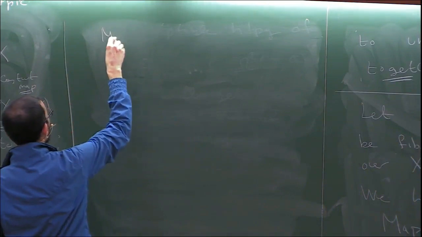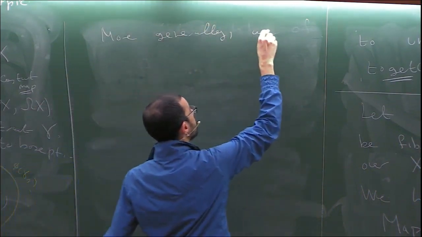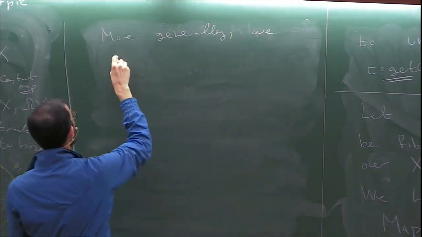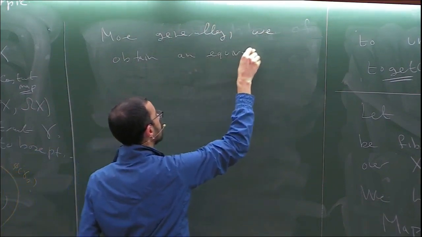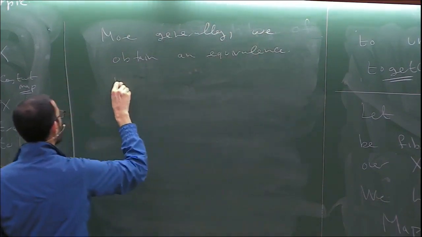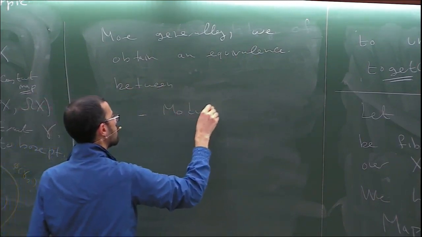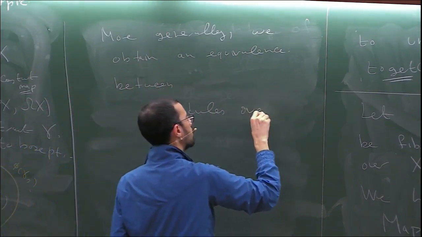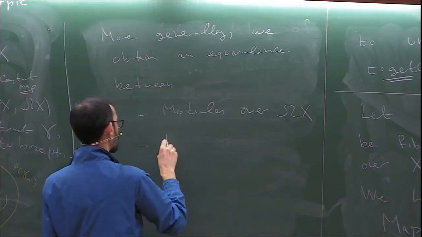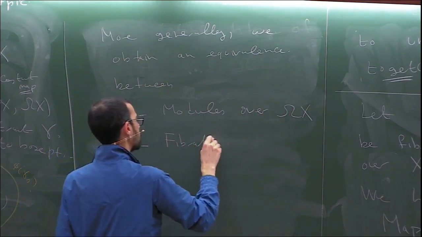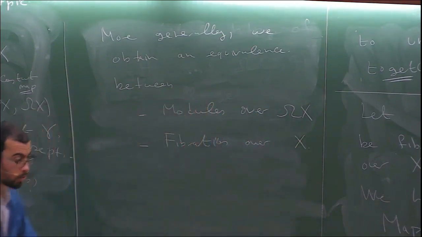More generally, we obtain an equivalence between modules over loop X and fibrations over X. What do I mean by an equivalence?